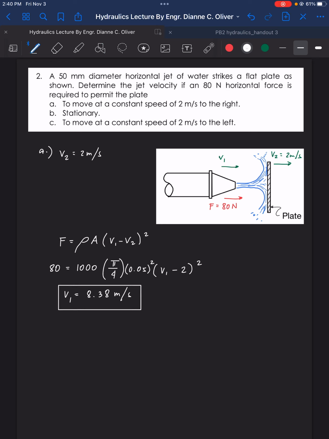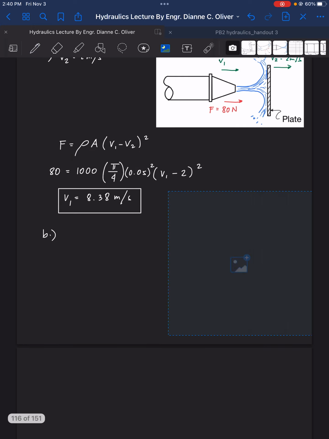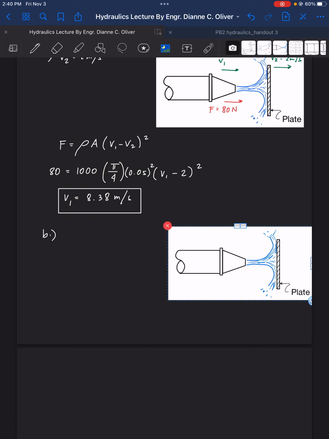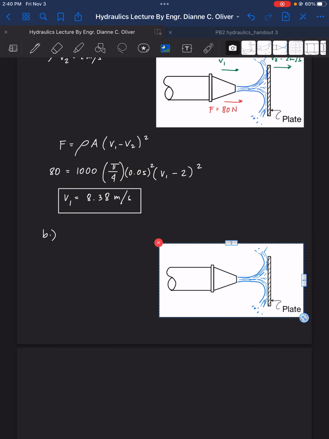Then, for letter B, it says there the plate is stationary. That means V2 is equal to 0, and we're looking for V1. Given, again, F is equal to 80 Newton.